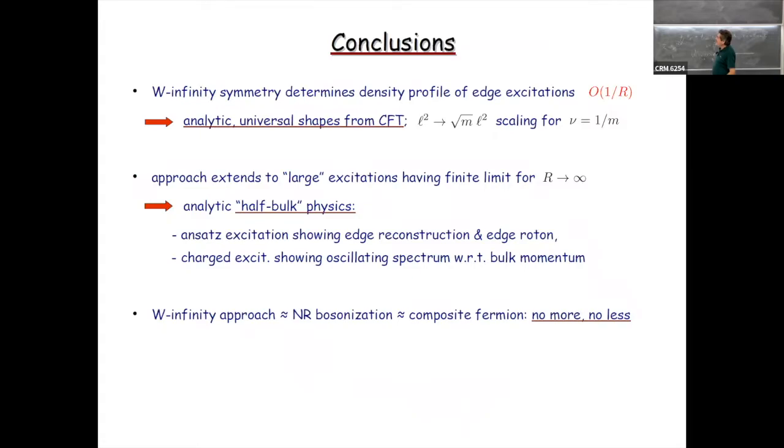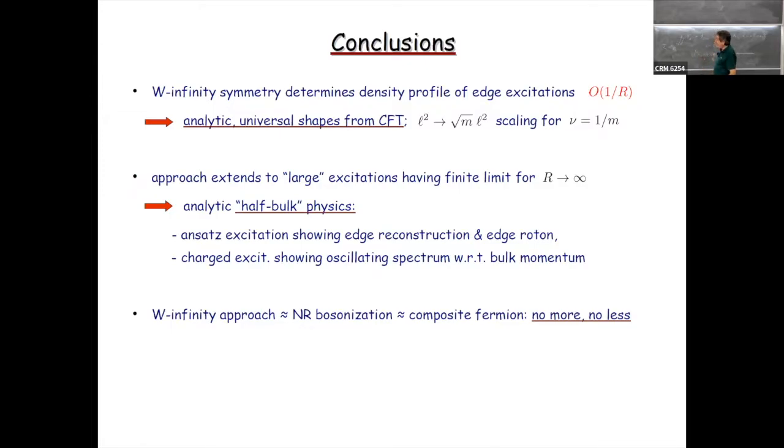So then I'm coming to the conclusion of the second part: I can describe the shape of edge excitations, and there is this square root of M scaling that is not obvious, and then I can do analytic calculations in so-called half bulk physics. So, half-plane effects.